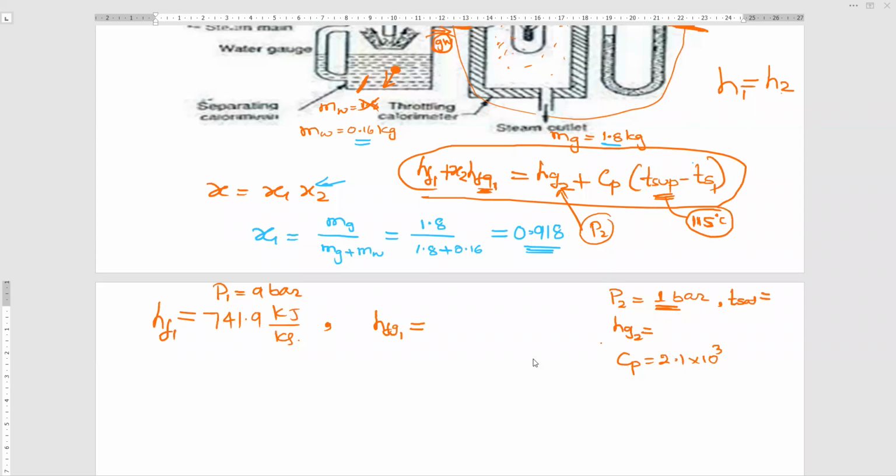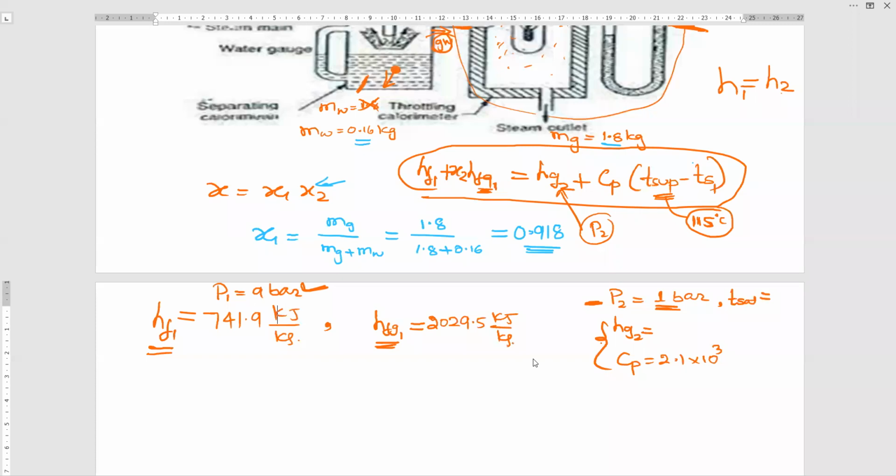Okay, so these two values you will get from P1 pressure, keep in mind. And these three values you will get from P2 bar pressure. So someone has told some value. You tell me which one? HFG1 is how much? 2029.5 kilojoule per kg.